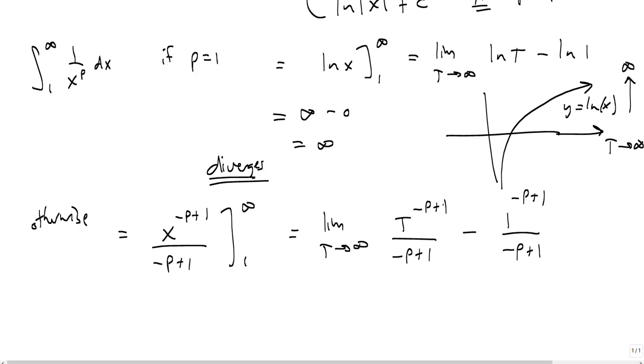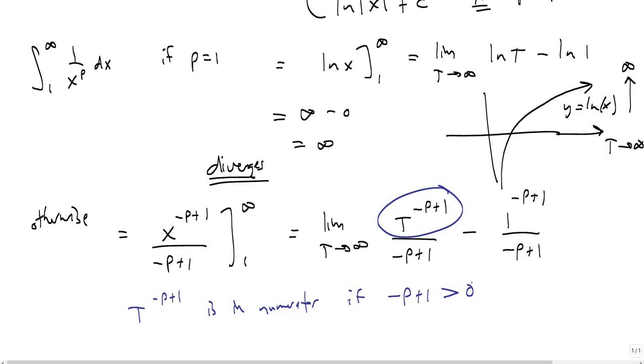If t to the negative p plus 1 is in the numerator, then as t goes to infinity, the whole thing goes to infinity. And when does that happen? It's in the numerator if that exponent is positive, if negative p plus 1 is greater than 0.